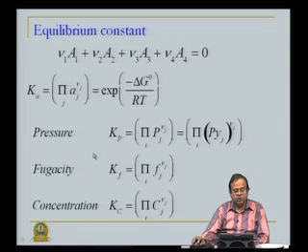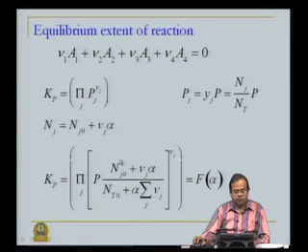Or if we choose to express the composition of the reacting mixture in terms of its concentrations, then we have the equilibrium constant Kc, which is this product. So, depending upon how we choose to represent our composition, we will have different definitions of equilibrium constant. But it is important to remember this thermodynamic property, that the equilibrium constant is exp(-delta G0 / RT), and one can actually show a definite relationship between all these different kinds of constants.